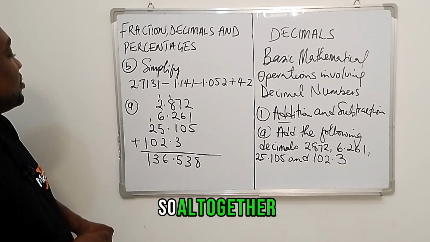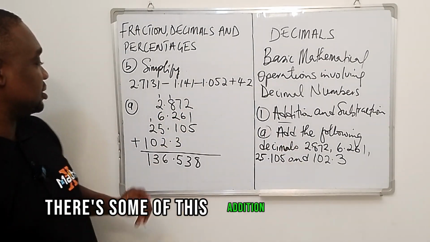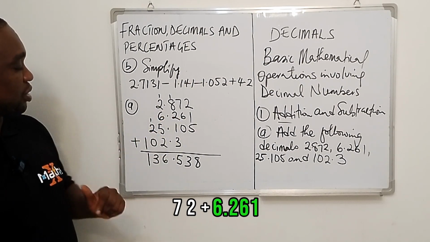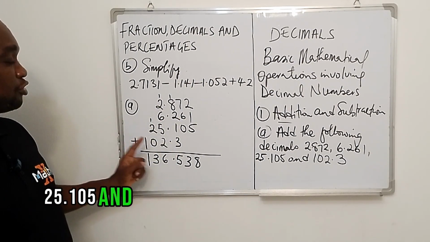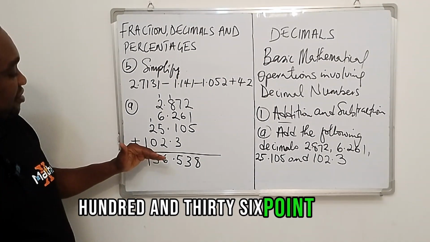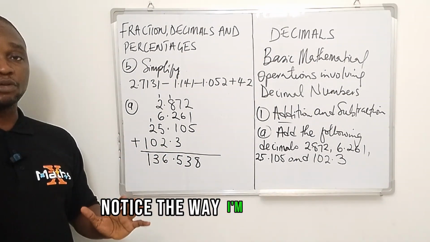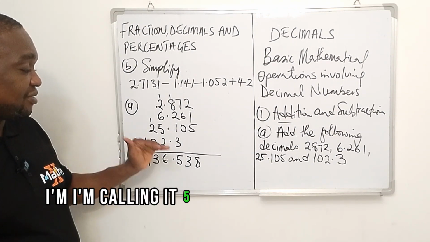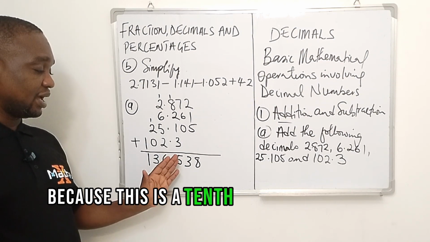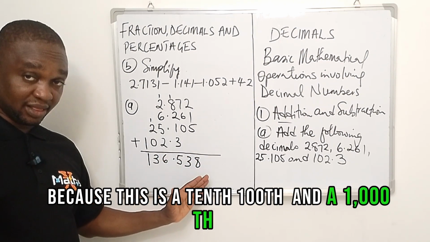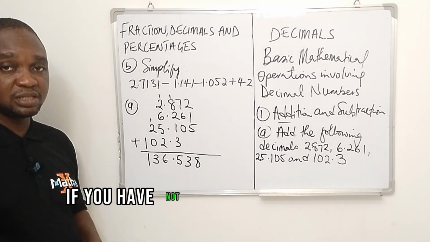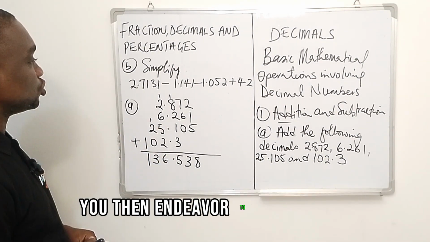So altogether, the sum of this addition of 2.872 plus 6.261, 25.105, and 102.3 is 136.538. Notice the way I'm calling it. I'm calling it 538, not five hundred and thirty-eight, because this is a tenth, a hundredth, and a thousandth. I talked about this in our previous videos. If you have not seen those videos, you should endeavor to watch them.